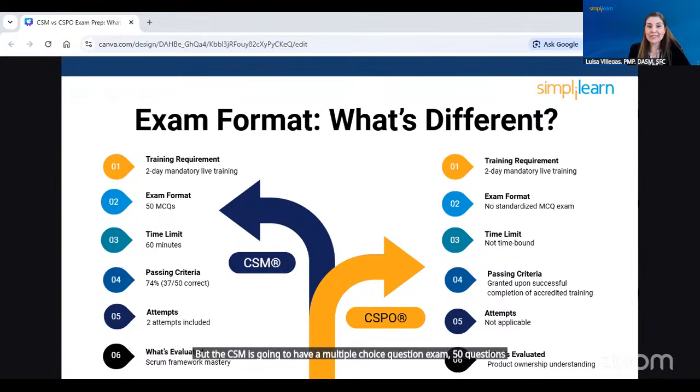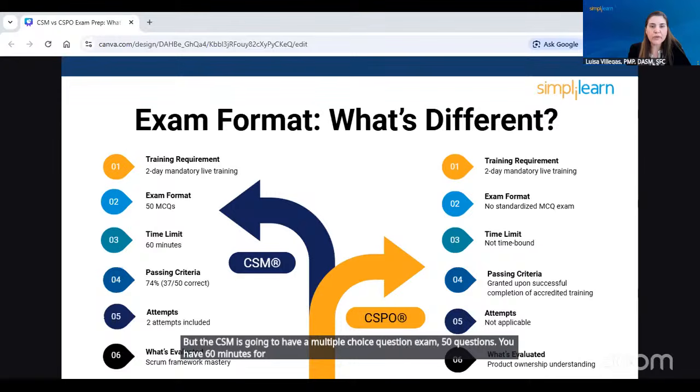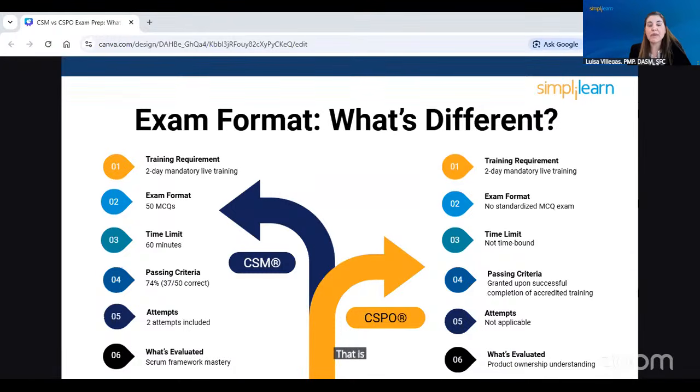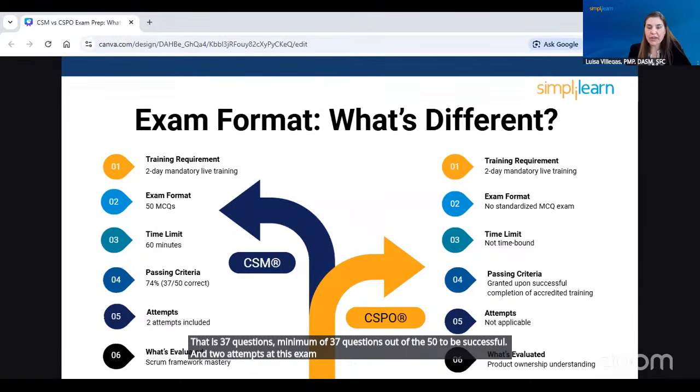You have 60 minutes for this exam, so a little bit over a minute for each question. And you have a passing criteria of 74%. That is a minimum of 37 questions out of the 50 to be successful. And 2 attempts at this exam are included. So if you need to retake the exam after that, that is extra, but you do have 2 attempts included.